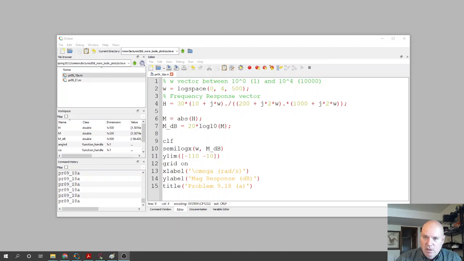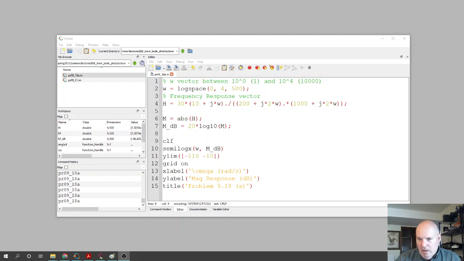Now be careful in Octave or MATLAB, log is actually the natural log. On most of your calculators, the natural log is ln. But in Octave, log is actually the natural log, and you have to use log10 to get the log base 10 of a vector.